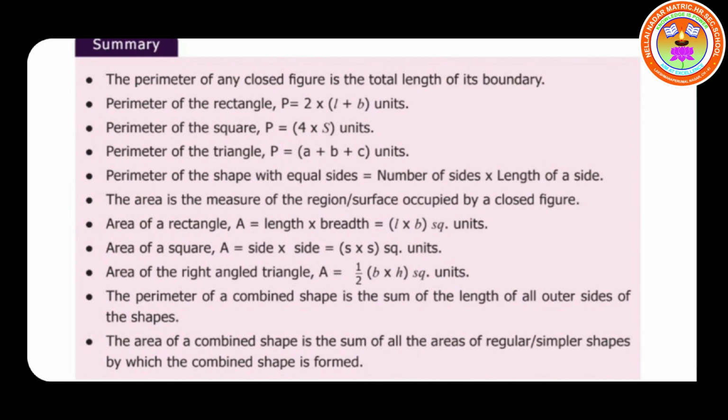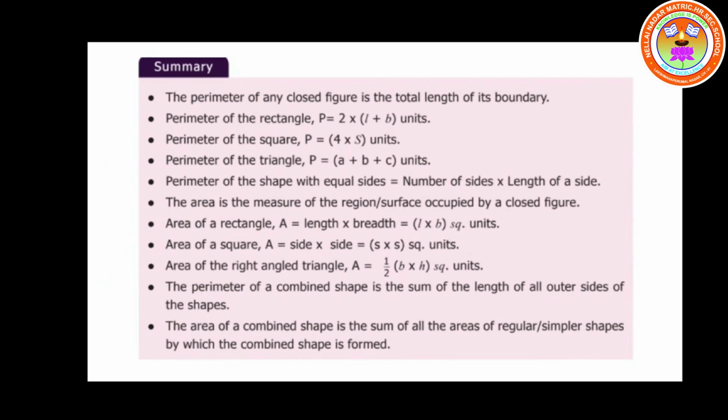The area of the right angled triangle A is equal to half into base into height, that is 1 by 2 into B into H square units. Next, the perimeter of a combined shape is the sum of the lengths of all outer sides of the shape. The area of a combined shape is the sum of all the areas of the regular or simple shapes by which the combined shape is formed.